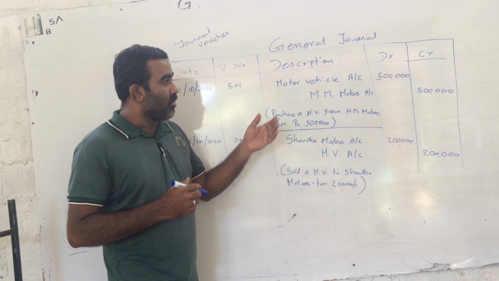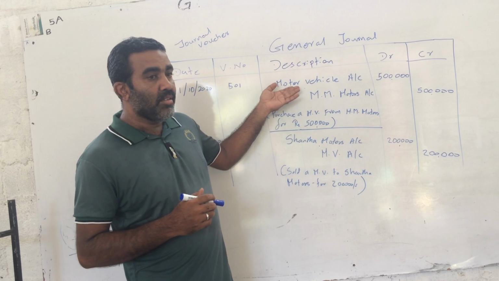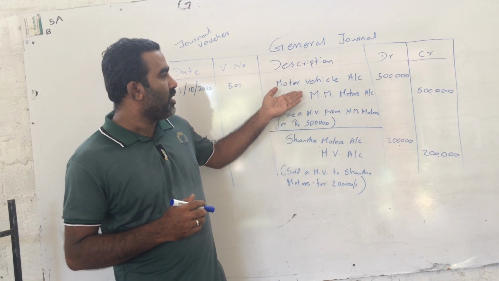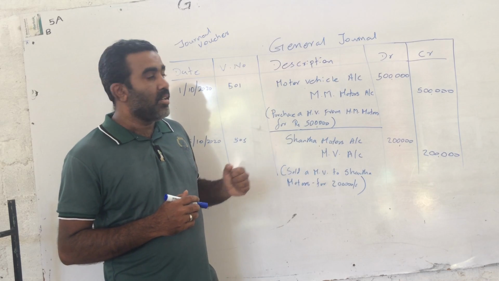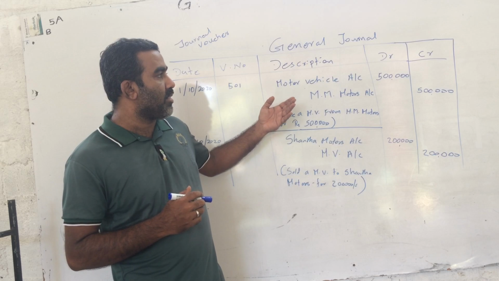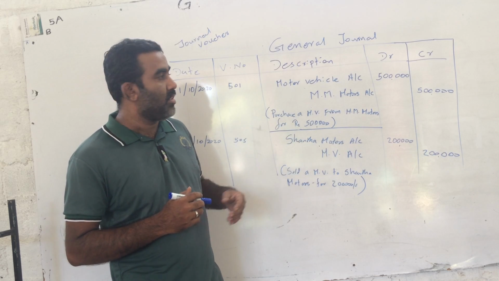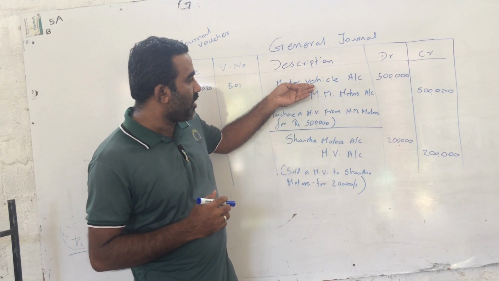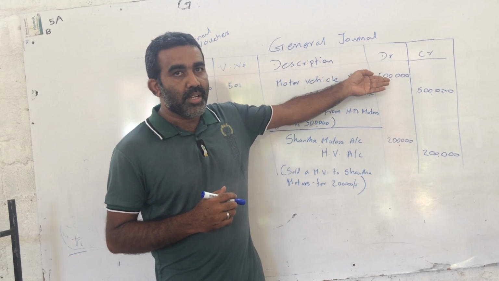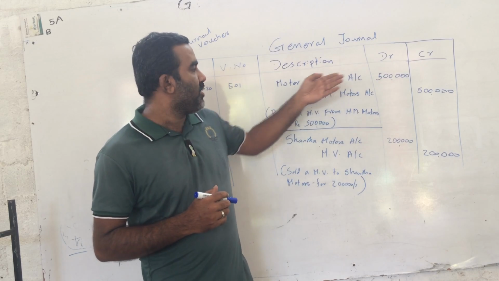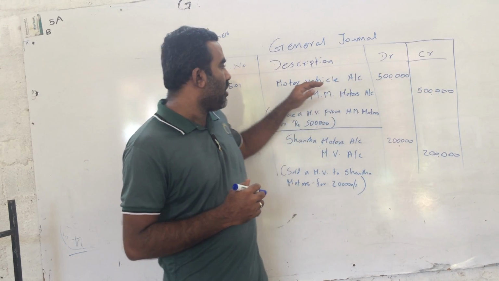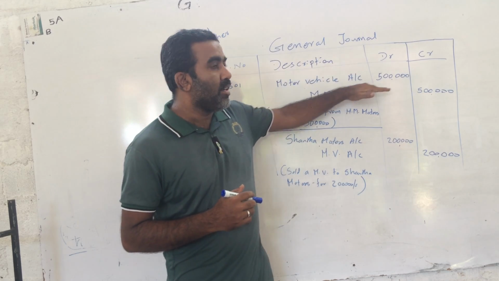Okay, so we'll see one example. A person bought a motor vehicle from Motors. We know when a name is involved, it is considered a credit transaction. So we have to write motor vehicle account debit the relevant amount 500,000, and Motors account credit 500,000.